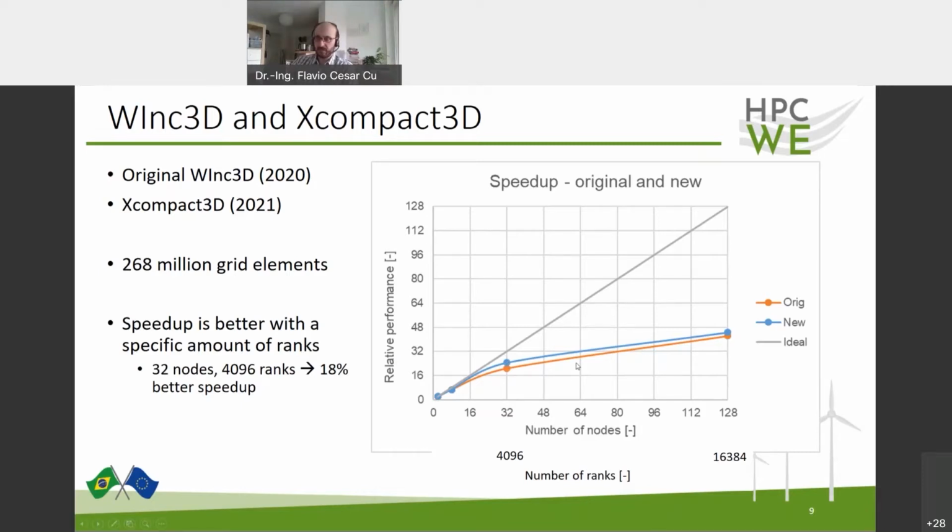But we can also see that the curves are not far from each other, but the speed up is better using the new version XCompact 3D compared to the orange one for a specific amount of ranks. This is these 32 nodes with 4,000 ranks.